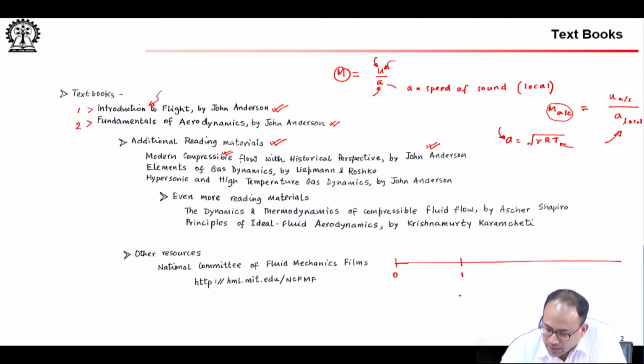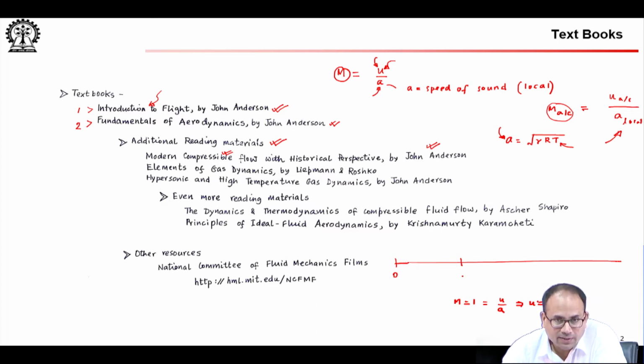So, what is M1? Mach number is 1 when u by a is 1, which implies u is equal to a, that is, your vehicle is flying at a speed which is equal to the local speed of sound.